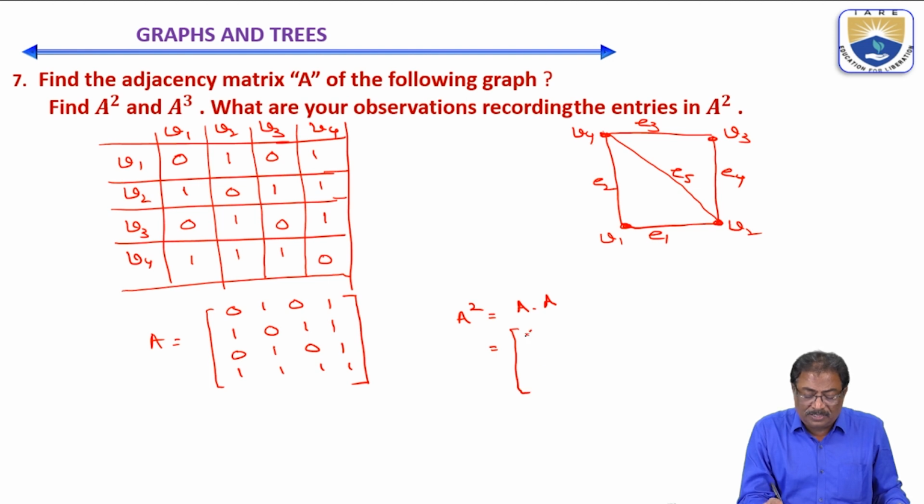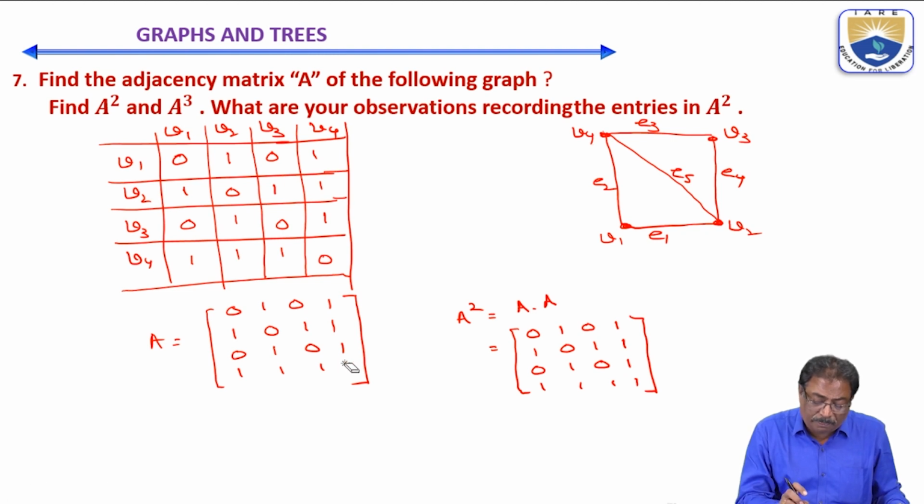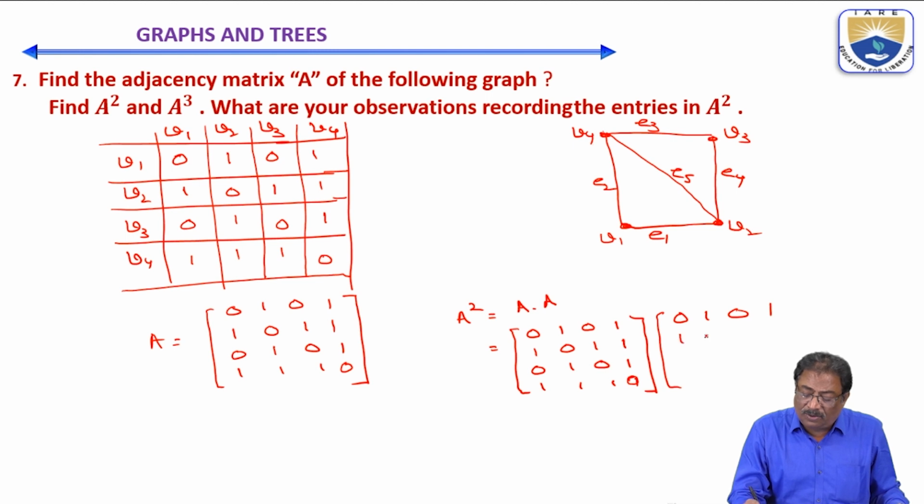Then we are going to do a simple multiplication, writing the matrix A times A: 0, 1, 0, 1, then 1, 0, 1, 1, 0, 1, 0, 1, and 1, 1, 1, 0 on the diagonal.